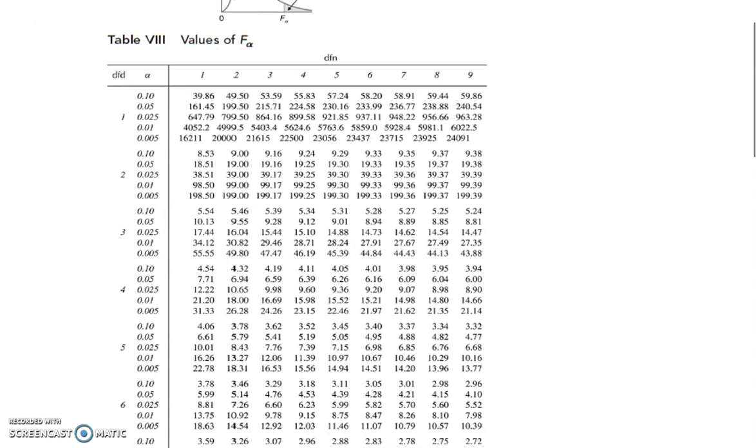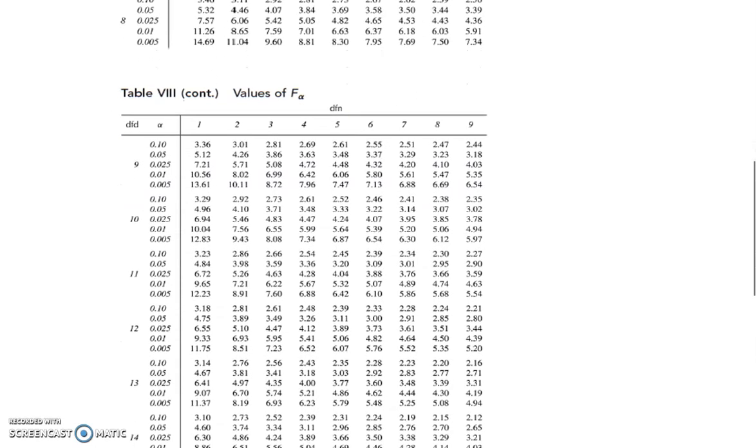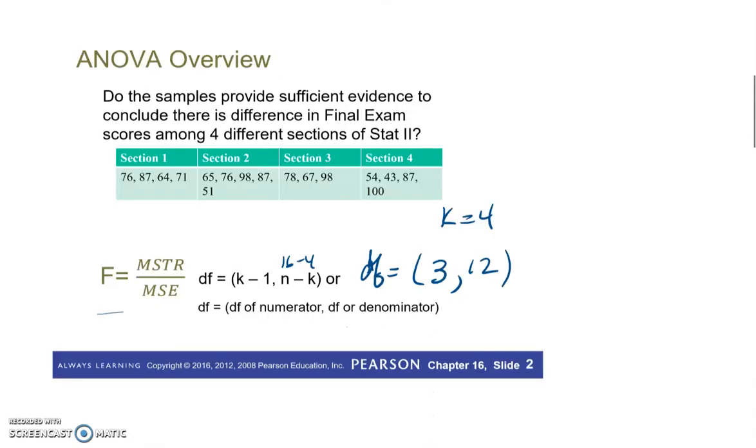You have a second table next to it on your formula sheet. So go 3, 12. This is the box of numbers we will be looking at dependent upon what our significance level is. Okay, so let's try some practice problems just looking at how to use the table.